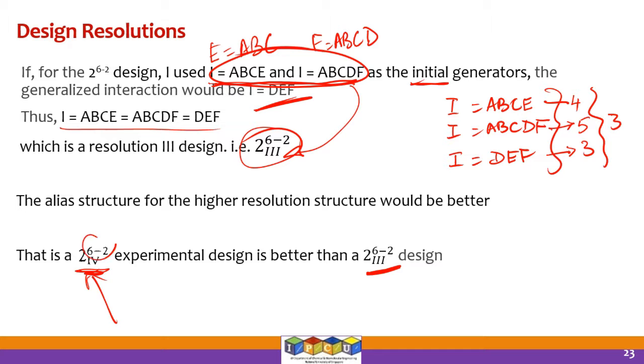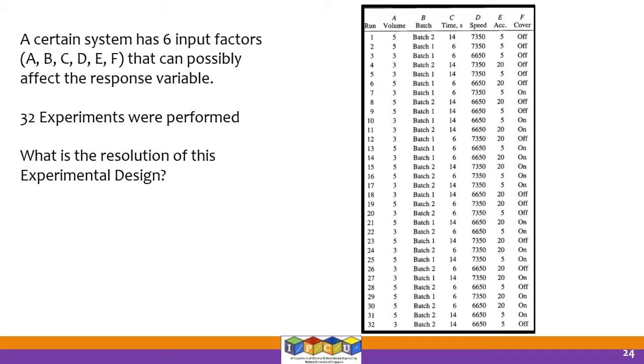Both designs are 6 minus 2 designs, so the number of experiments is the same and the number of factors is the same. But how we choose to generate the E and F columns makes a difference in the alias structure and therefore in the resolution of the experimental design.